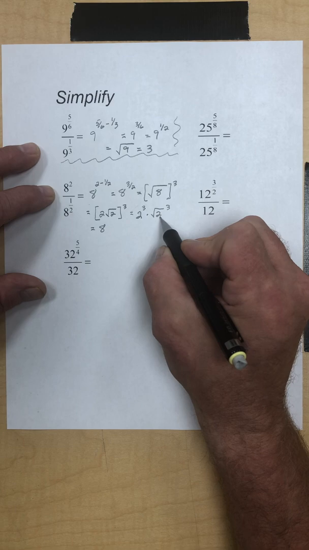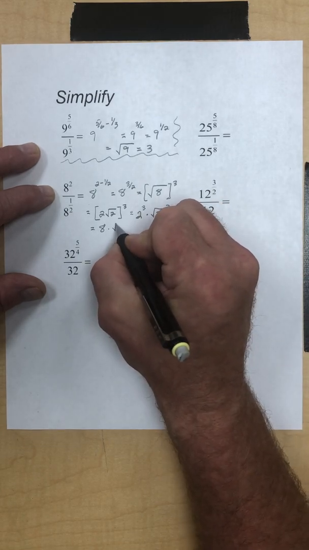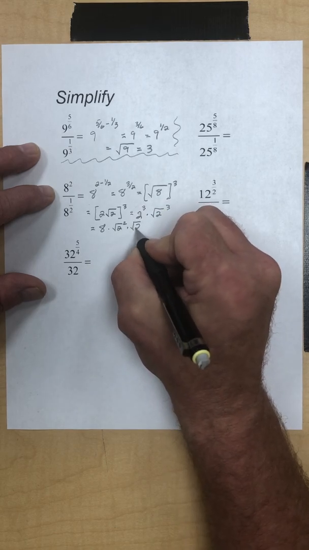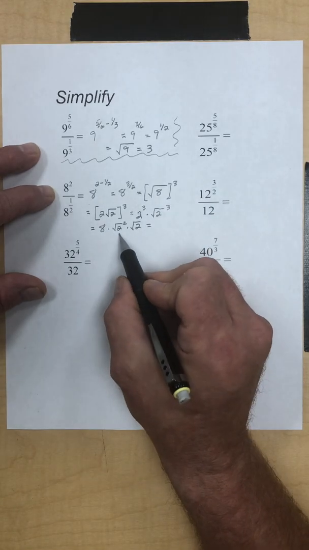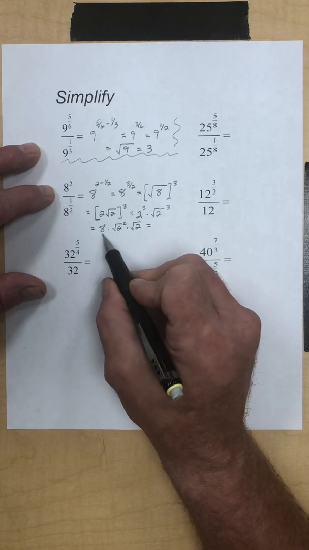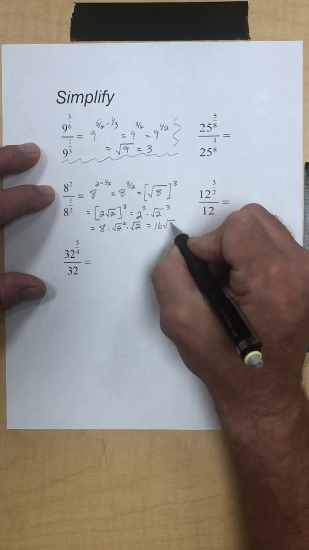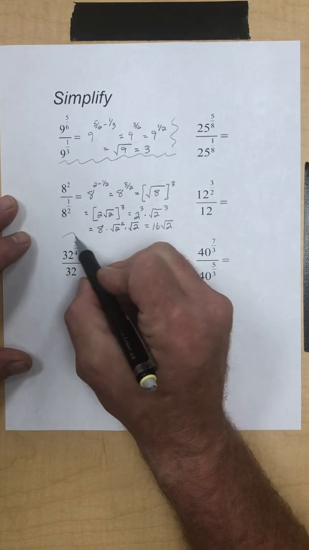And then notice this, I have 3 factors of radical 2, so that would be like radical 2 squared times radical 2. So 8 times radical 2 squared, I just get 2, so that's 8 times 2, which is 16. And then I have that radical 2, or square root of 2. There's nothing else I can do with that. Okay, all right, so we're okay there.